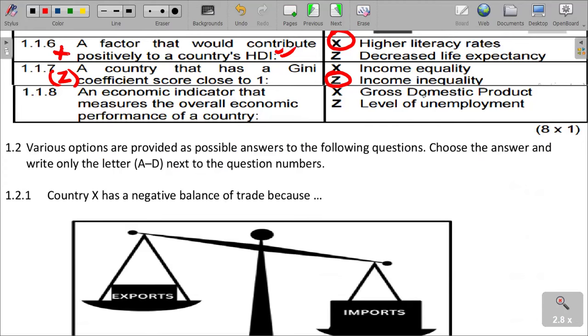It is called GDP. I guess most of us have seen and explained this. GDP is the right answer, which is an economic indicator that can measure the overall economic performance of a country.